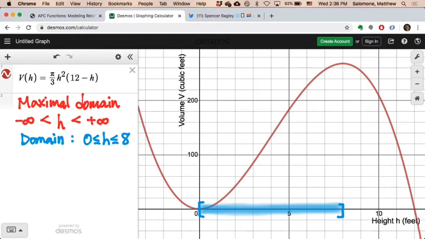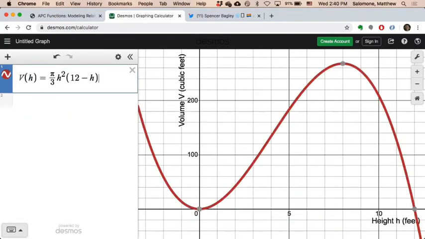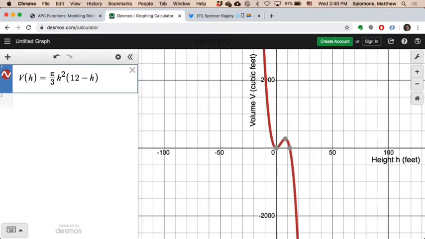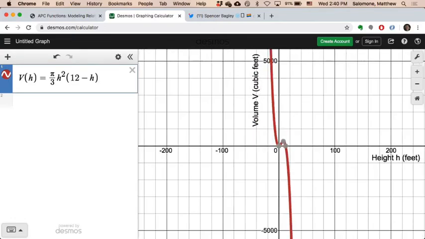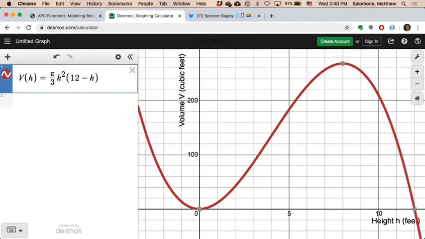But if we were to zoom out on this graph far enough, remove this domain restriction here, how much of the vertical axis is this graph actually covering? The whole thing, right? Negative infinity to infinity, once again. So that is what I would call the codomain of this function. It's like the maximal range is another way to think about codomain.